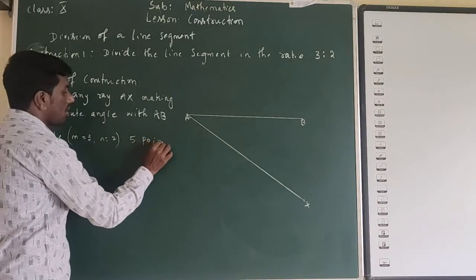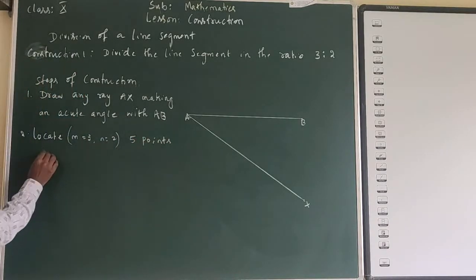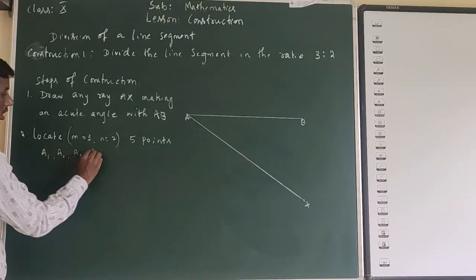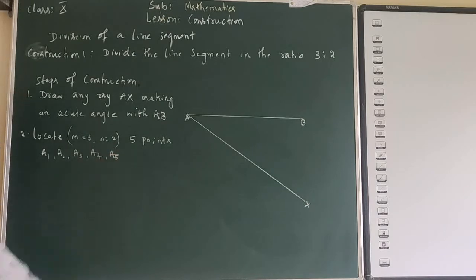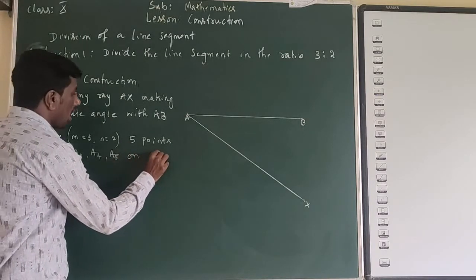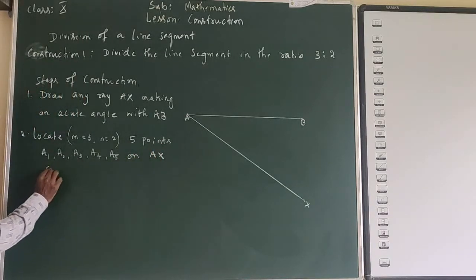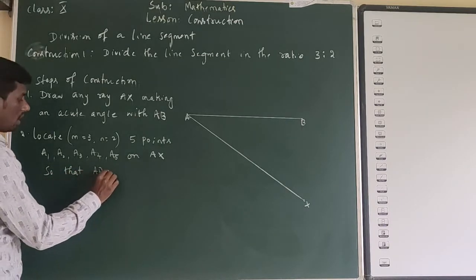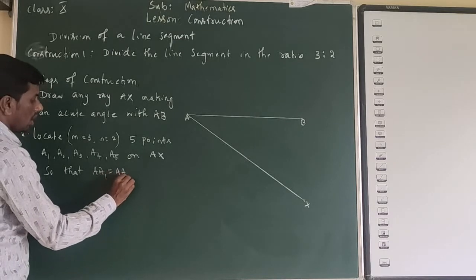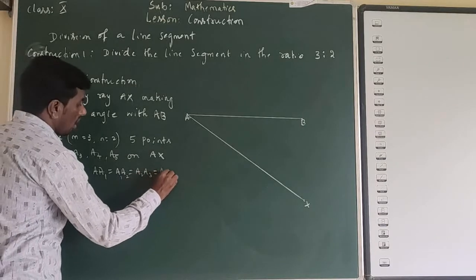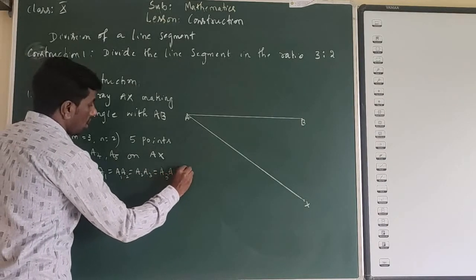Locate 5 points, denoted as A1, A2, A3, A4, A5, on AX so that A1 is equal to A1A2, A2A3, A3A4, A4A5.